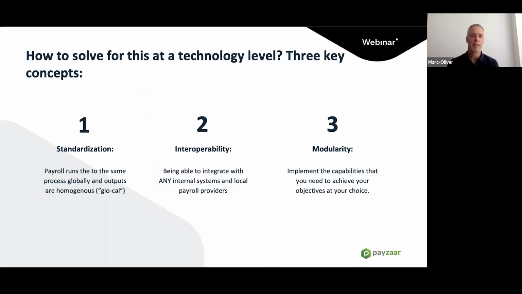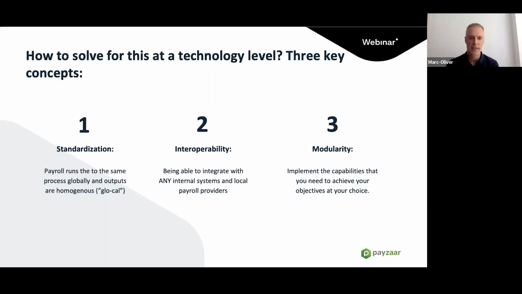So three key concepts that we introduce and apply with customers that we're working with. Number one starts with helping our clients to drive standardization and consistent operating practices into their payroll environment.